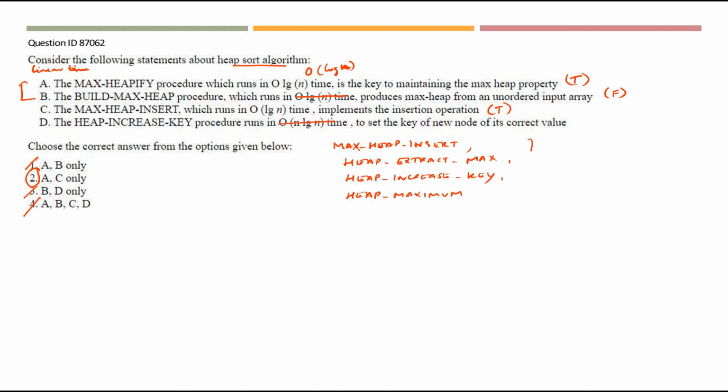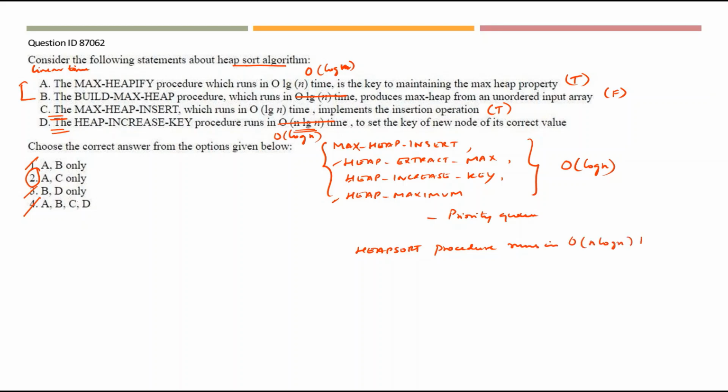All these 4 procedures take the same amount of time. I mean, they run in big O of log n time. It means whatever time C takes, the same time D will take. So it is not n log n, it is big O of log n. With these procedures, we can implement a priority queue. The heap sort procedure runs in big O of n log n time and it sorts an array in place.